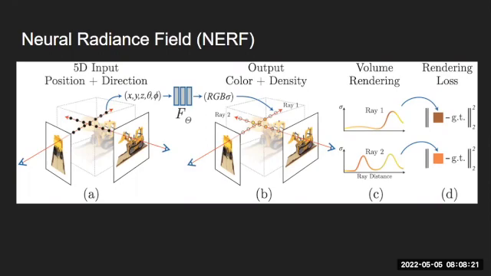Either we have it or we don't. The color, however, depends on both location and view direction, because if you look at an object from different angles, because of the lighting and the distance, the color may change. So we need both direction and location.